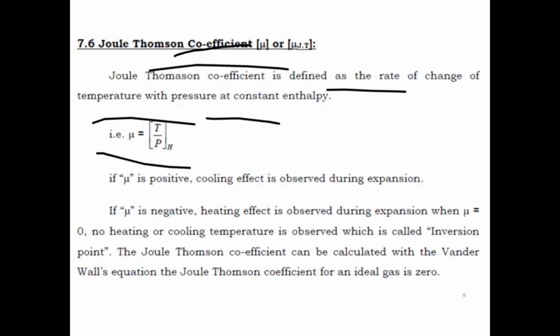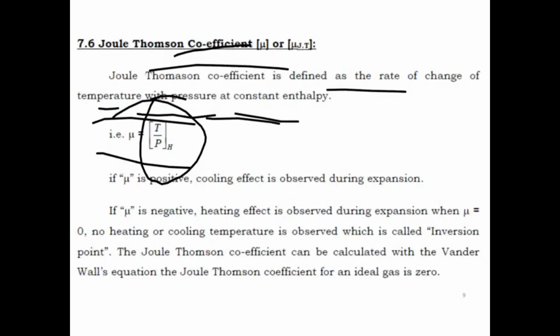H is denoted as enthalpy, which is kept constant while varying temperature and pressure. So dT by dP with H constant means enthalpy is kept constant.